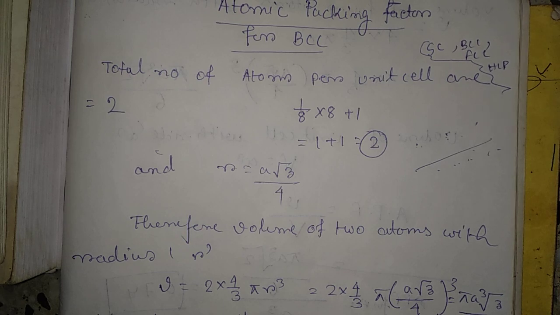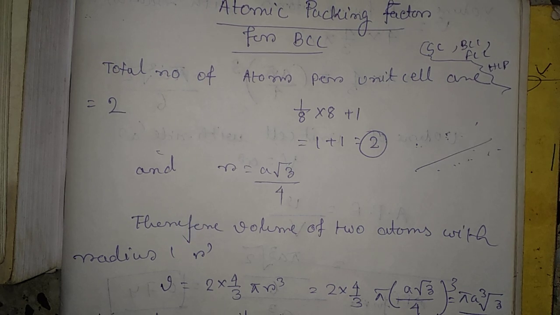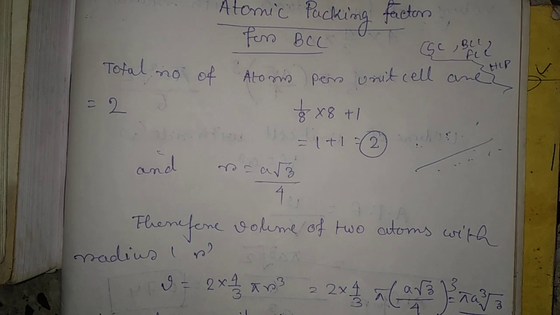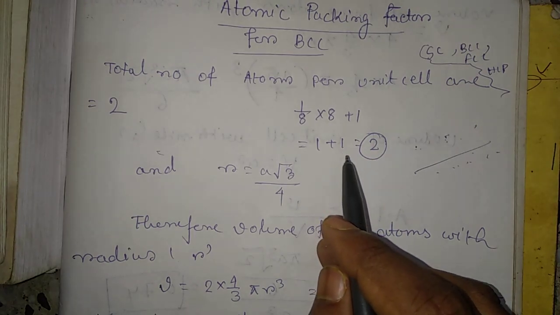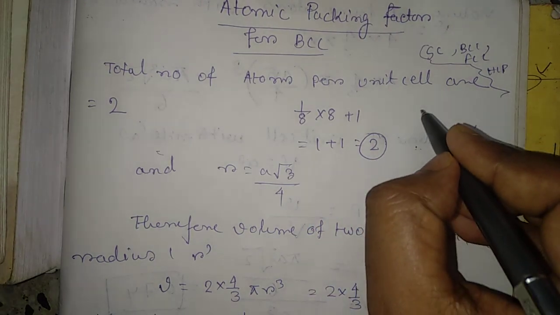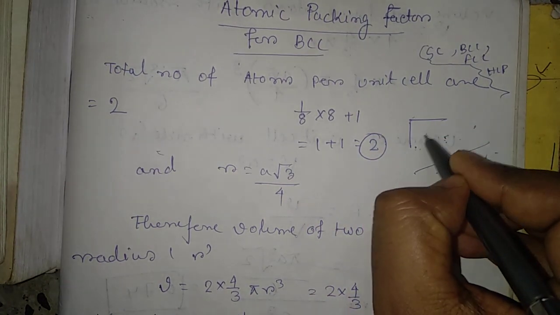In the body centered cubic structure, the 8 corner atoms are shared, one in each of the 8 corners. So the body centered cubic structure is like this.